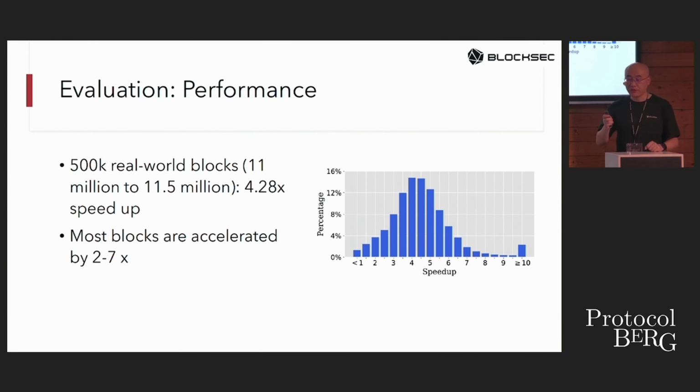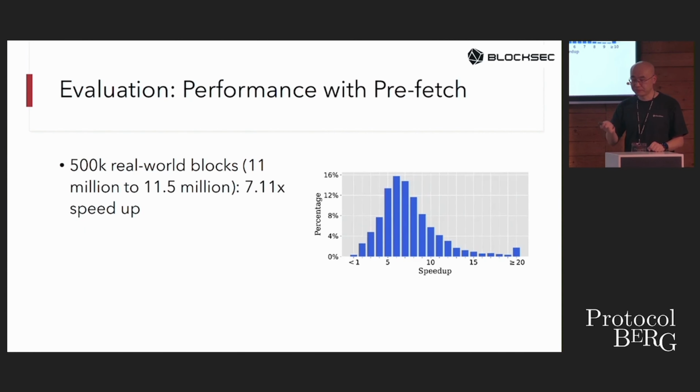We feed these blocks to the vanilla Geth and our system, and we compare the execution time of all the transactions inside these blocks. The speedup is around 4.28x, which means we can have around 400% speedup of the execution speed. And most of the blocks are accelerated by 2 to 7x.